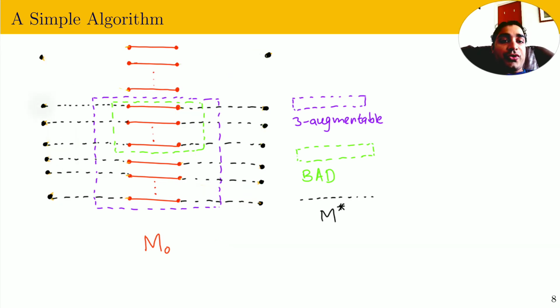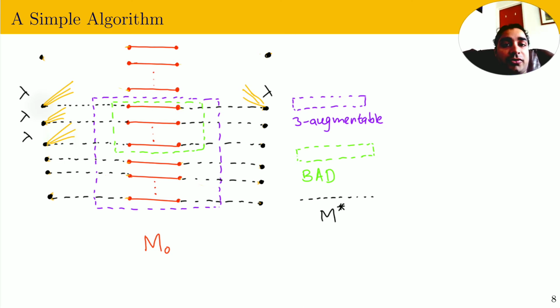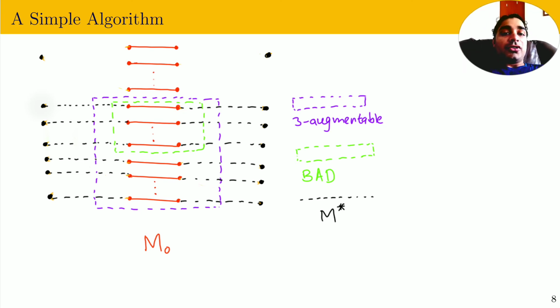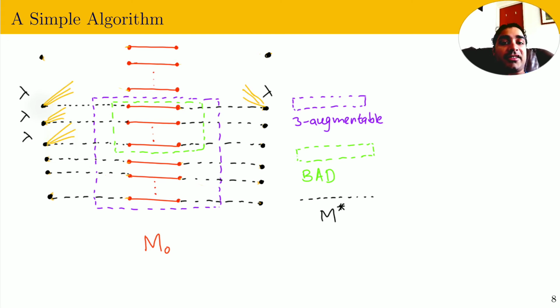Now I'm showing you M star. So all the three augmentable edges are part of three augmenting paths with respect to this M star. Now, for each bad edge, at least one endpoint of the bad edge, the M star edge incident to it was not added to the set of support edges because there were already lambda edges incident to it.